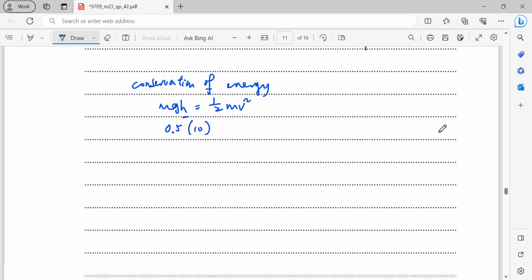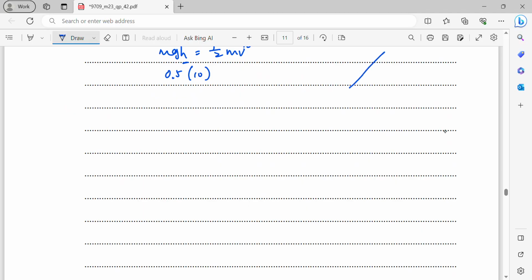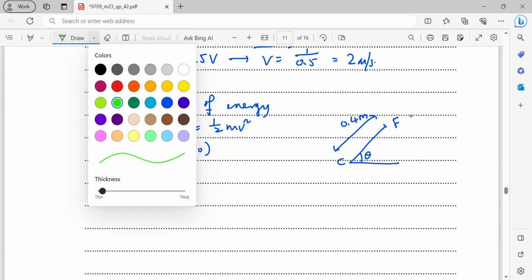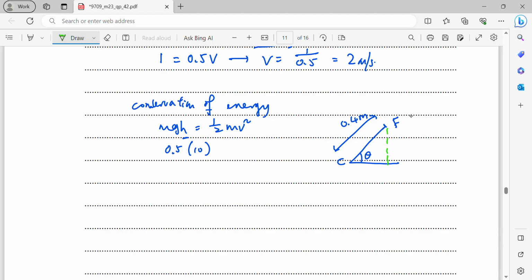Now this h is the vertical distance. When you look at the triangle here, we know that here is going to be theta. This is C, here is F, and I know that this is 0.4 meters. Now, if you need to get the vertical distance, the vertical distance is question mark, right?